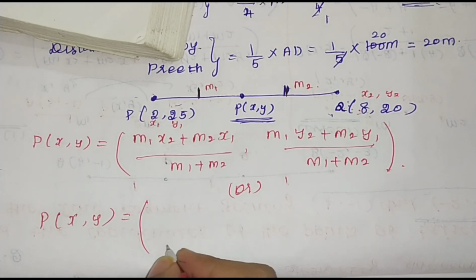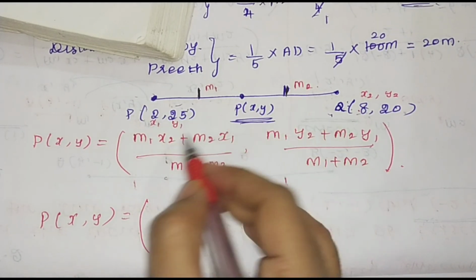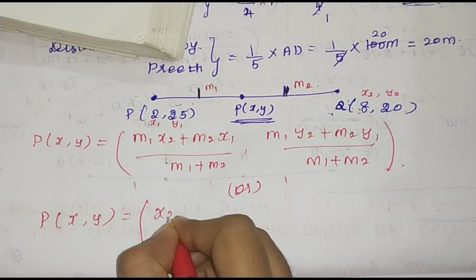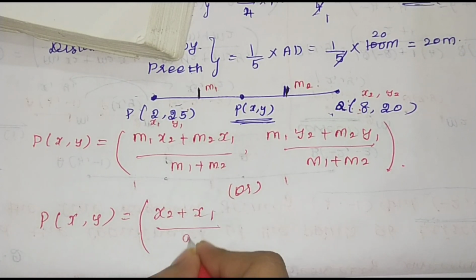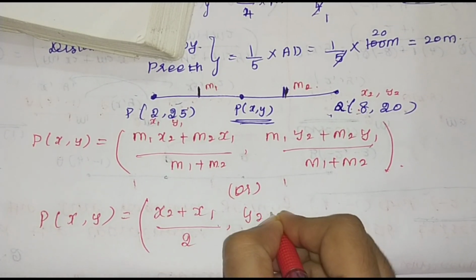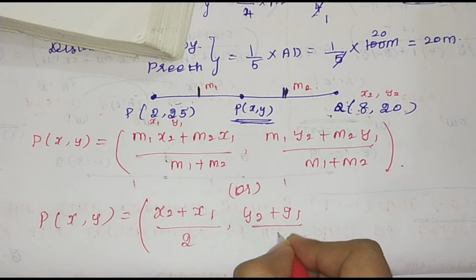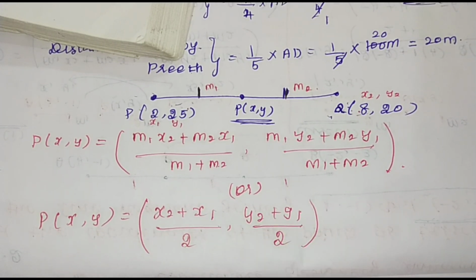What is the midpoint formula? m1 is 1 and m2 is 1, so the midpoint formula is ((x2 + x1)/2, (y2 + y1)/2).